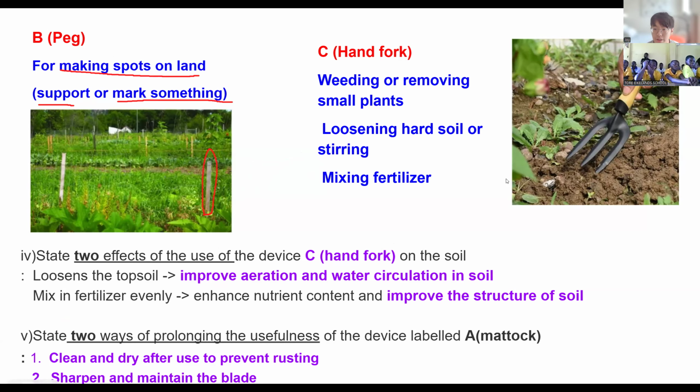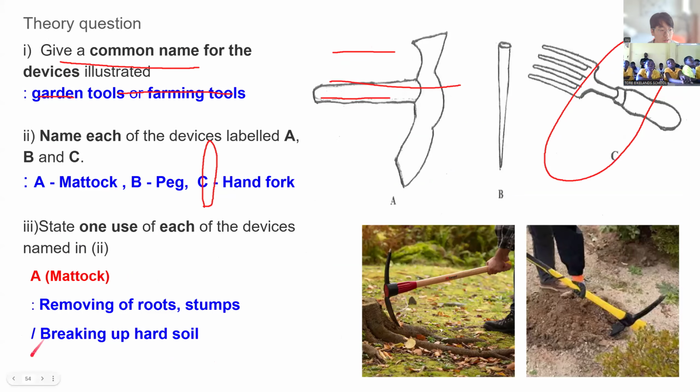And C, this object was a hand fork. A hand fork is used for weeding or removing small plants, or loosening hard soil, or stirring and mixing fertilizer. So it is used for smaller jobs, because you can see the sizes are way different, right?